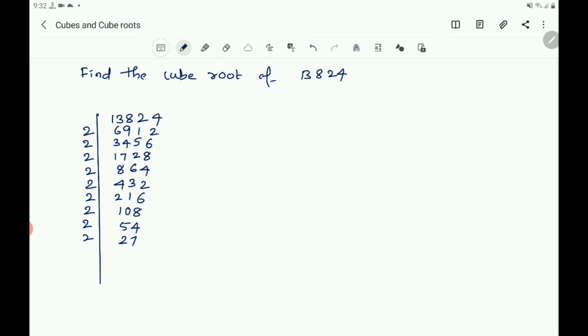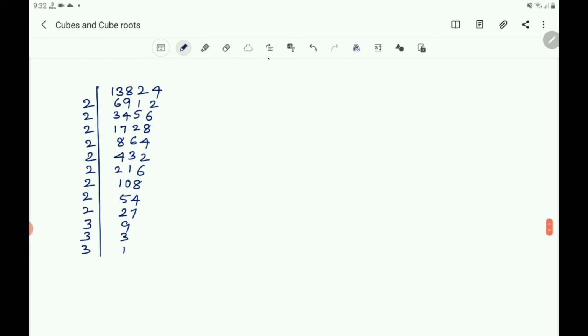Then you write it is divisible by 3: 3 9s are 27, 3 3s are 9, 3 1s are 3.